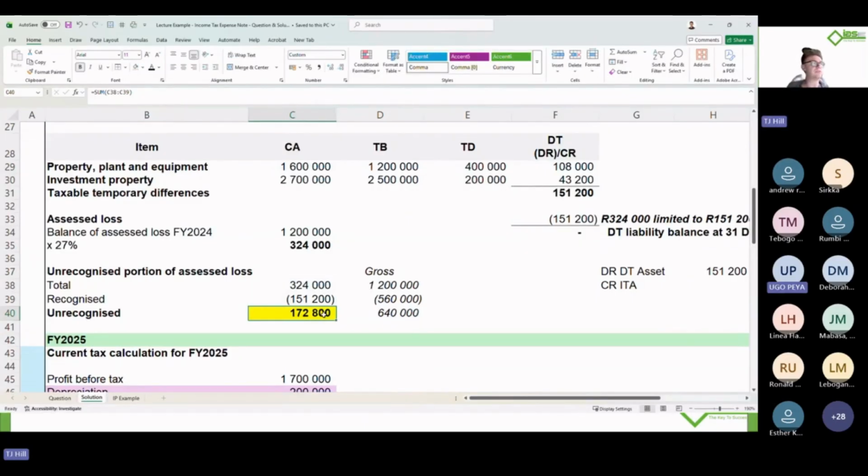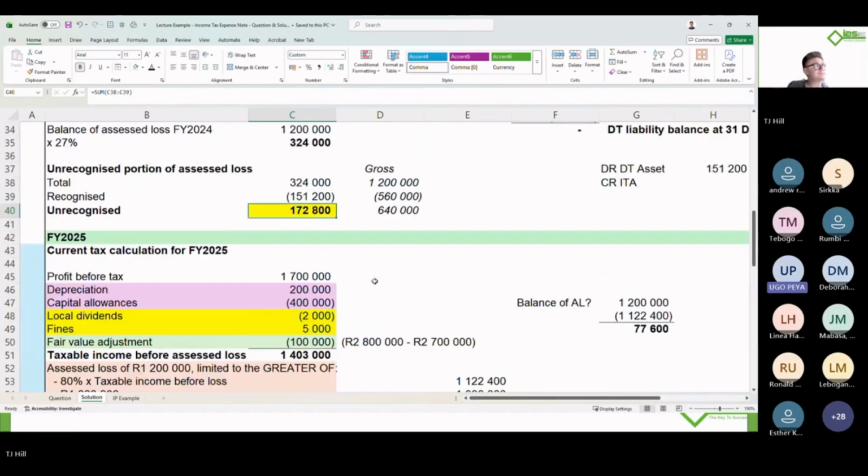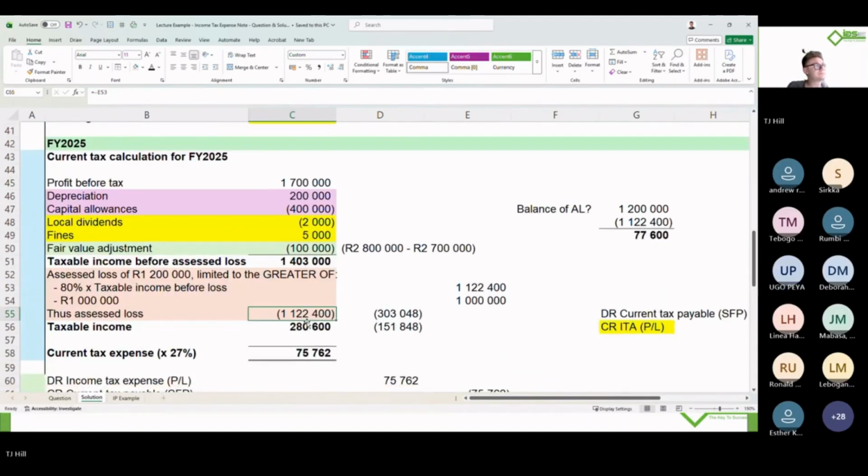Yes. And in the next year we recognize it, when we are now allowed to utilize most of it. Not the 75, the 151, of the one assessed loss.